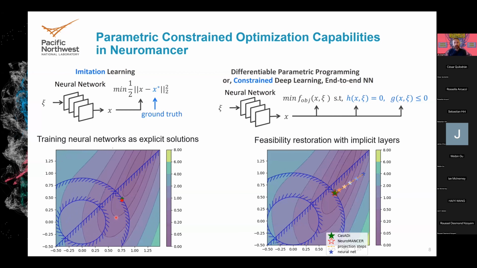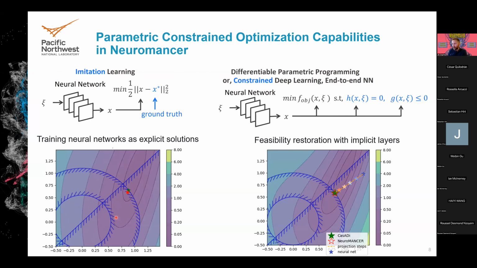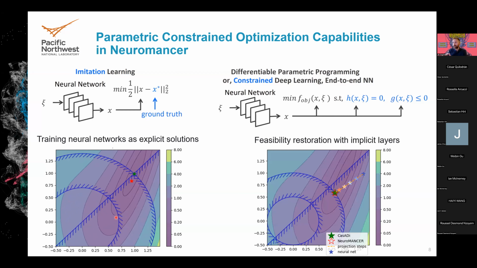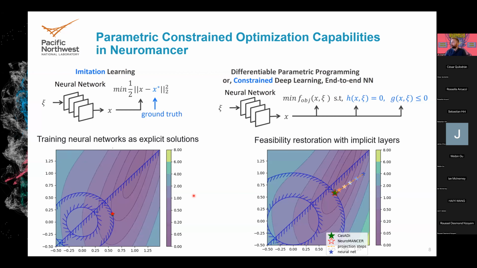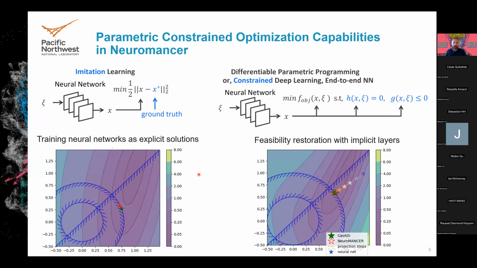The advantage is that upon deployment, you don't need to call expensive iterative solvers. You will have a function approximator. It will give you a quick solution. And in many areas, you can obtain orders of magnitude speedup. And that can be a game changer for real-time decision-making.